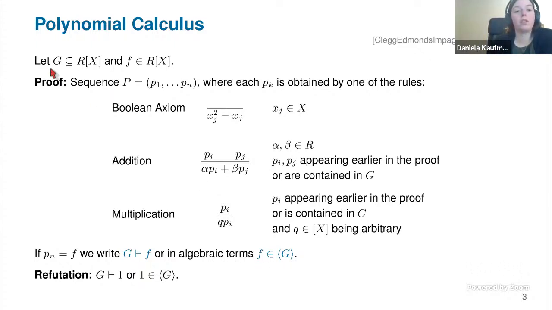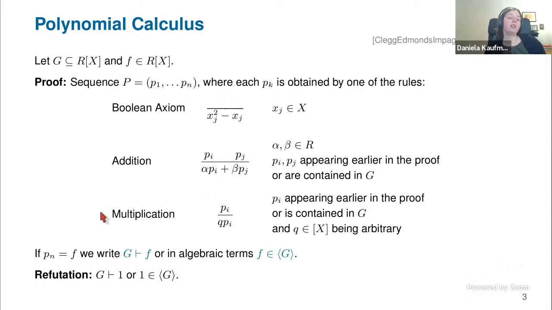So we have given here a set of polynomials G and a set of polynomial F, and then in the polynomial calculus, a proof to see whether F is contained in the ideal generated by G is a sequence of proof rules, where each proof rule is either the Boolean axiom, which says that the possible values are only 1 or 0, or by the addition and the multiplication rule.